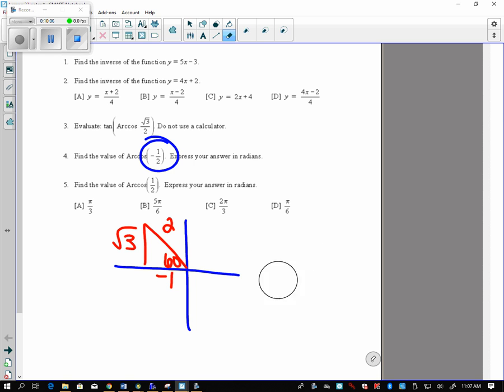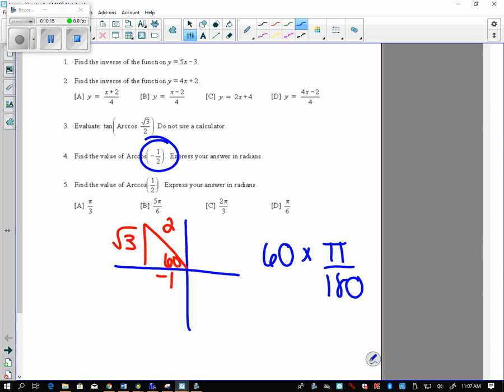So what we want to do is take our degrees times pi over 180. Well, that still, is that not the same thing? Okay. So it really should be the same thing. It should be 1 pi over 3.